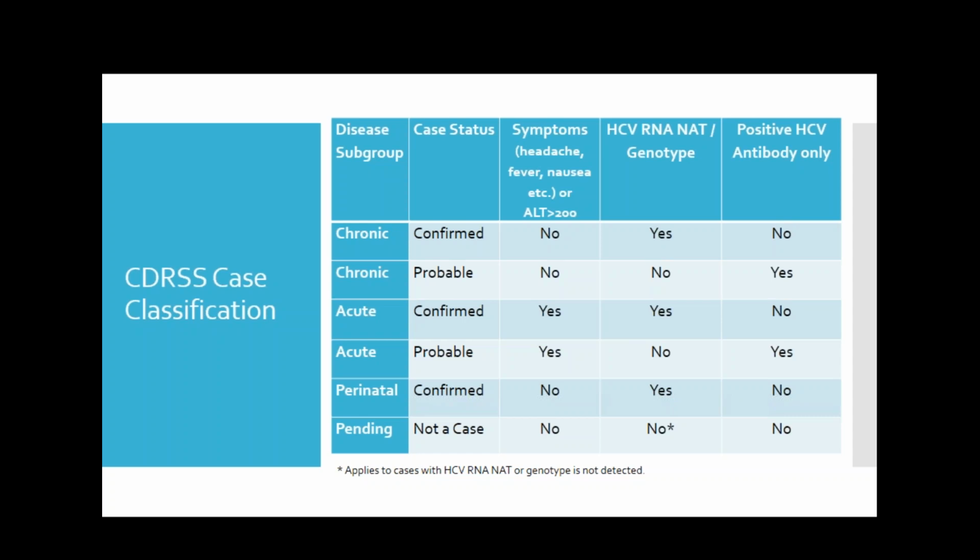It lists on the left the disease subgroups, which could be chronic, acute, perinatal, or pending. The case status could be confirmed, probable, or not a case. And then the rest of the table lists symptoms or positive NATs and HCV antibody, and based on the presence of those, you will determine what case status and subgroup that case should be.